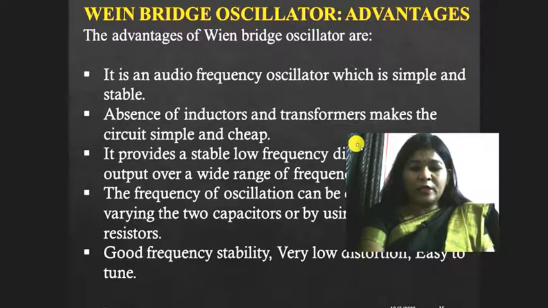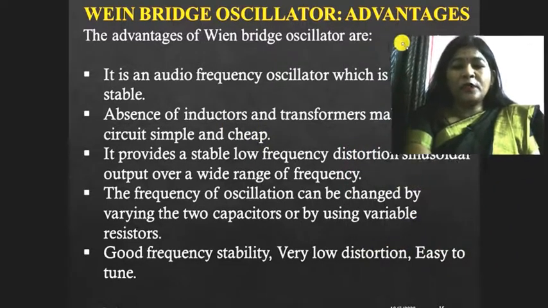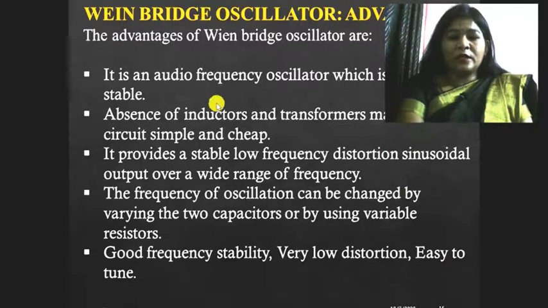Here in the Wien bridge circuitry there is no need for an inductor or transformer. The next one is that it provides a stable, low distortion sinusoidal output over a wide range of frequency.